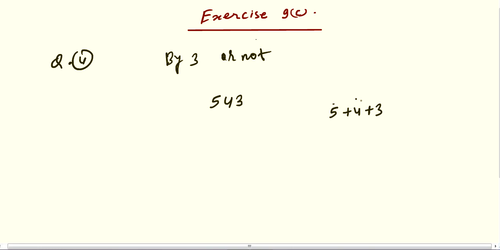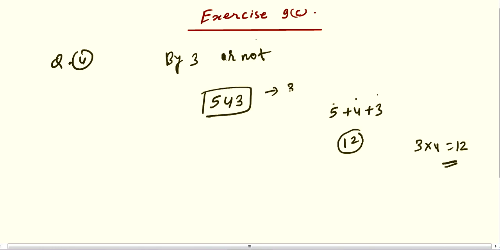Now 5 plus 4 is 9, 9 plus 3 is 12. As you know, 12 is completely divisible by 3, 3 4s are 12. Clear? So this number is exactly divisible by 3 because the sum of the digits of that number gives you a multiple of 3.